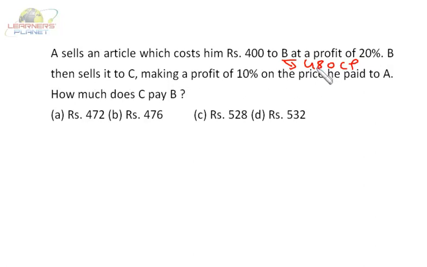Now what is 10% of 480? That is 48. That means cost price of C is 480 plus 48. Okay. So, we are asked how much does C pay B. That means we are asked about the cost price of C. That is 480 plus 48, that is 528. I hope you are clear. No paperwork is required at all.